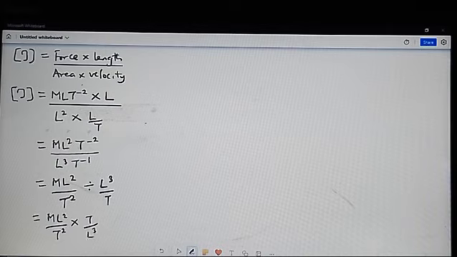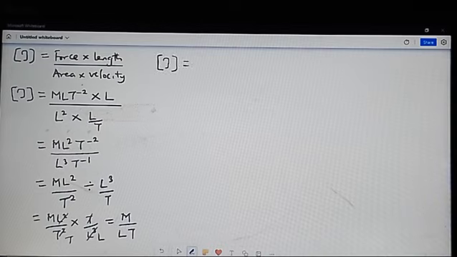Simplifying further, L cancels and T cancels, so you have M over L T. And so this gives us M raised to the power 1, L to the power minus 1, T to the power minus 1.